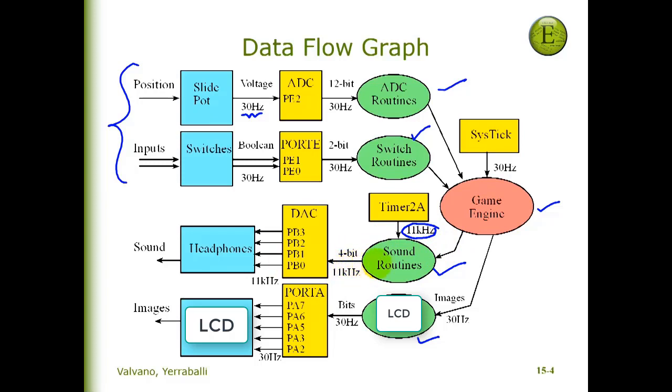So the 4 bits go from the sound routine to the sound module to the DAC, which is then fed to the headphones as a single analog signal. And so this is our sound, which will also be managed by a timing module, which is a timer, which we are going to look at later.